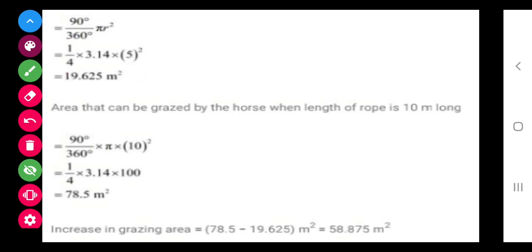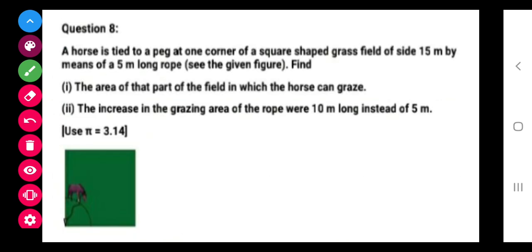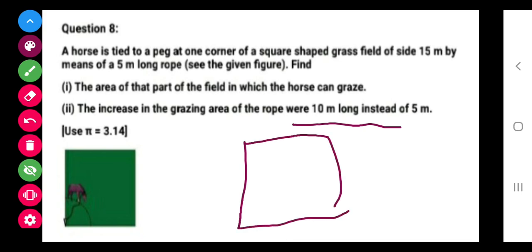Now the question says that the rope is increased by 10 meter, instead of 5 meter. Means previously it was grazing till here, that is 5, now it is 10. So class, we have to tell how much area is increased.